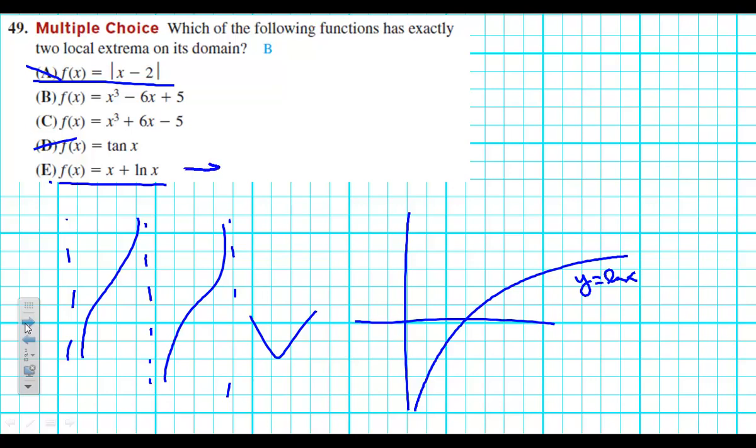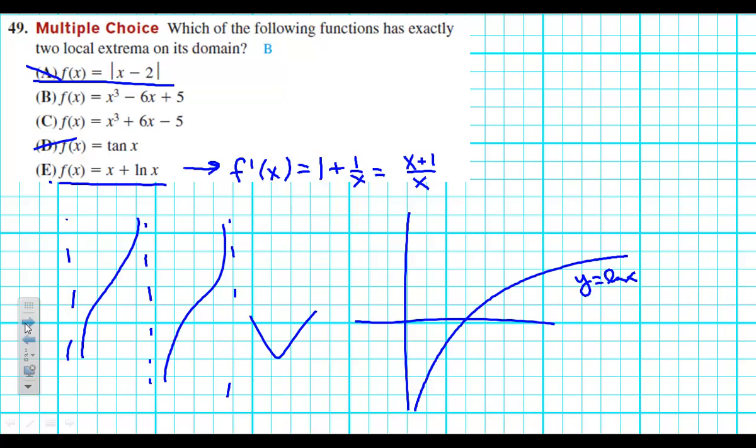Because if I were to look at that, I wouldn't know off the top of my head what x plus ln x looks like. But 1 plus 1 over x is something I could see in my head.